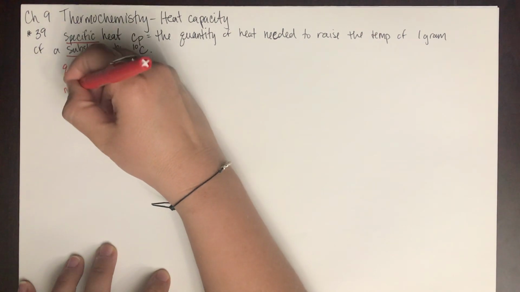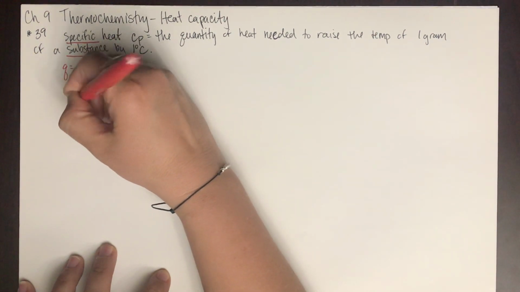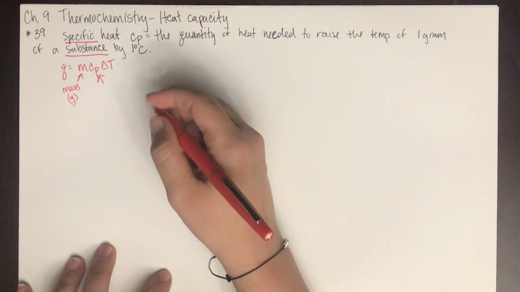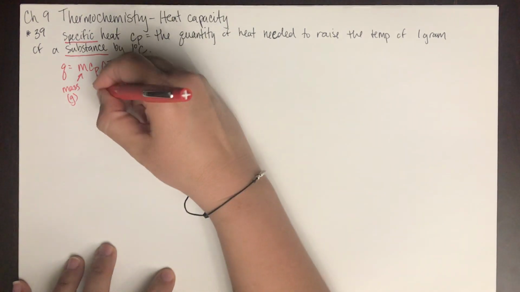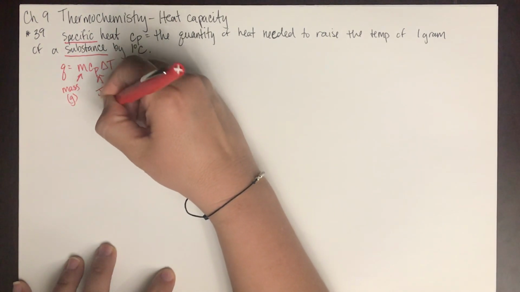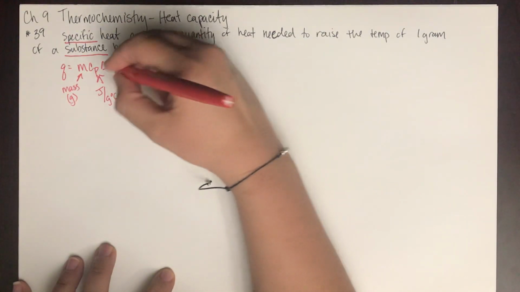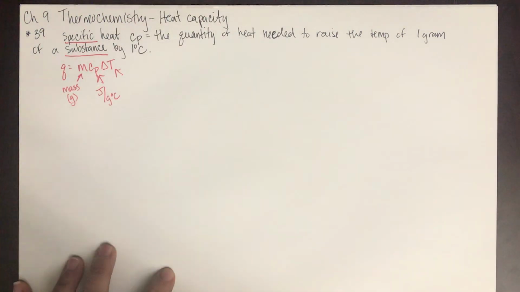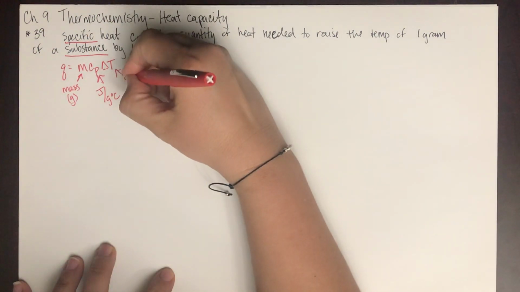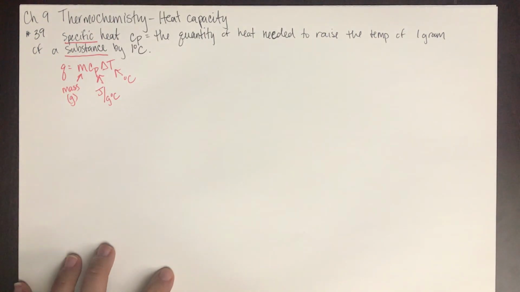This is the mass in grams. The specific heat is going to be given to you in units of joules per gram degree Celsius. And the temperature will be a change in temperature, in degrees Celsius.